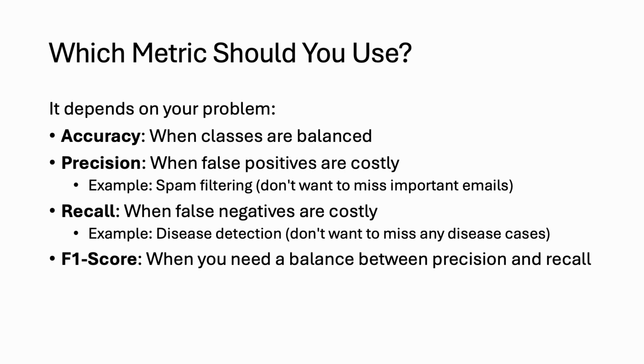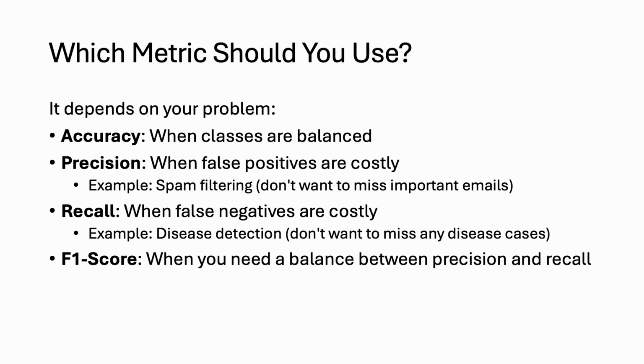Now the question might come: which metric should we use in different scenarios? First of all, accuracy. We can use accuracy when the classes are balanced or nearly balanced. Precision when false positives are costly, like spam filtering, as I mentioned. We don't want to miss any important emails. I want to see all my important emails, so if some spam emails are falsely classified as non-spam, I'm okay with that.